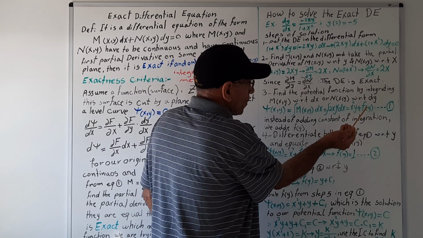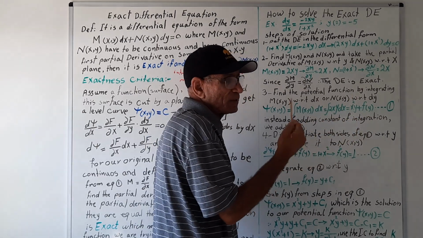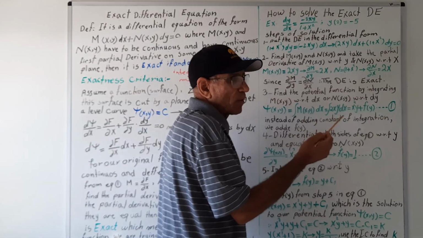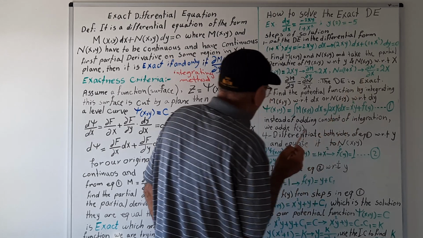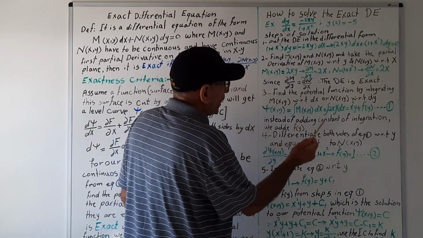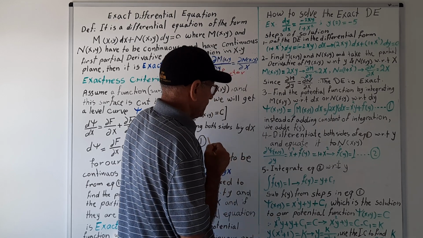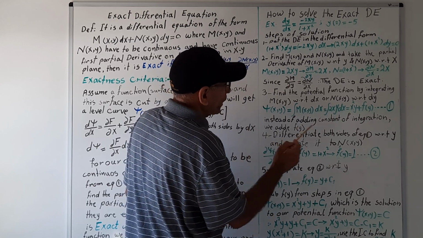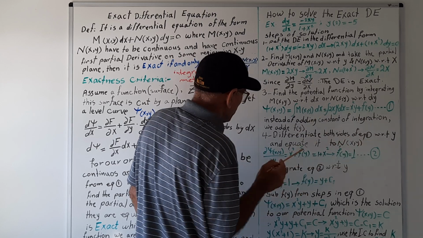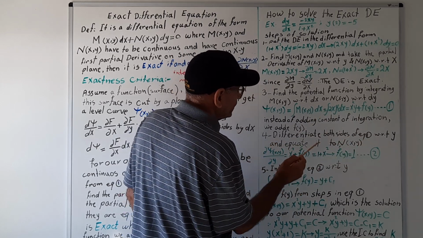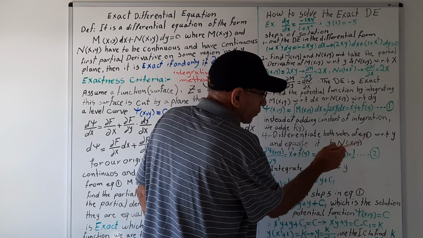So we consider the function of y as a constant instead of putting a constant of integration like c or k, and this is equation 1. Differentiate both sides of equation 1 with respect to y and equate it to the function N of x and y.